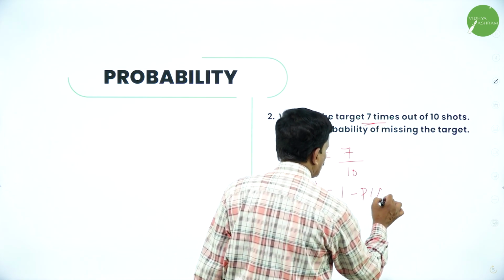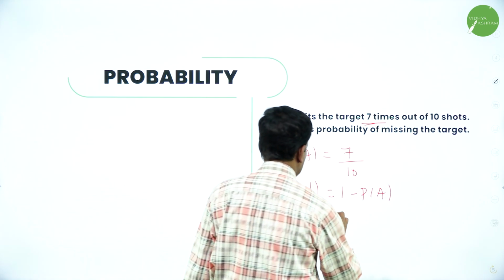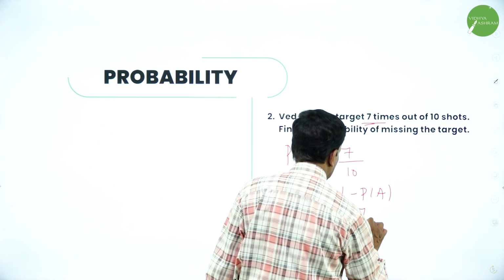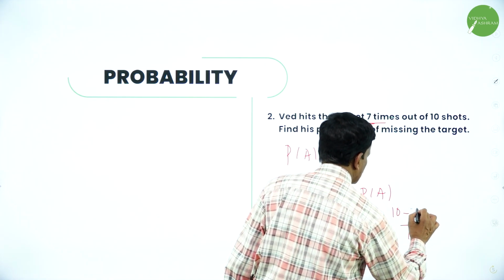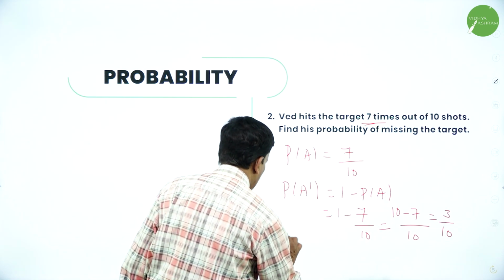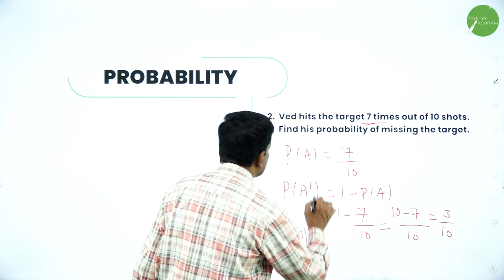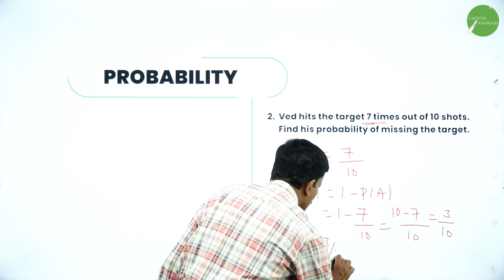What is the formula for P of A dash? P of A dash is equal to 1 minus P of A, that's equal to 1 minus 7 by 10. Take LCM, 10 is the LCM, 10 minus 7, that's equal to 3 by 10. So the probability of A dash, nothing but the probability of missing the target, is 3 divided by 10.